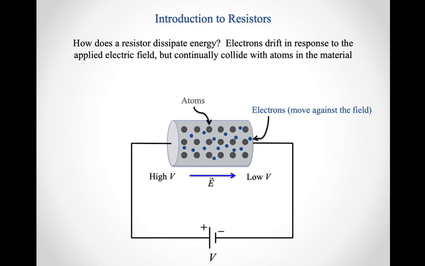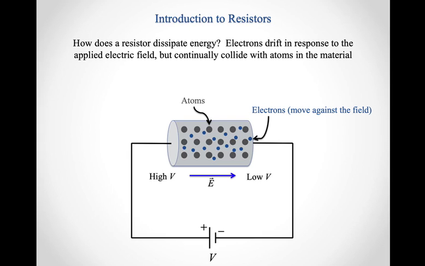So at a molecular level, how this happens is that the electrons that are moving around as part of the current, the free electrons that actually make up the current flowing through the circuit and therefore across the resistor, drift in response to an applied electric field, just like we talked about with current. But the problem is they can't go very far before they hit atoms within the material.